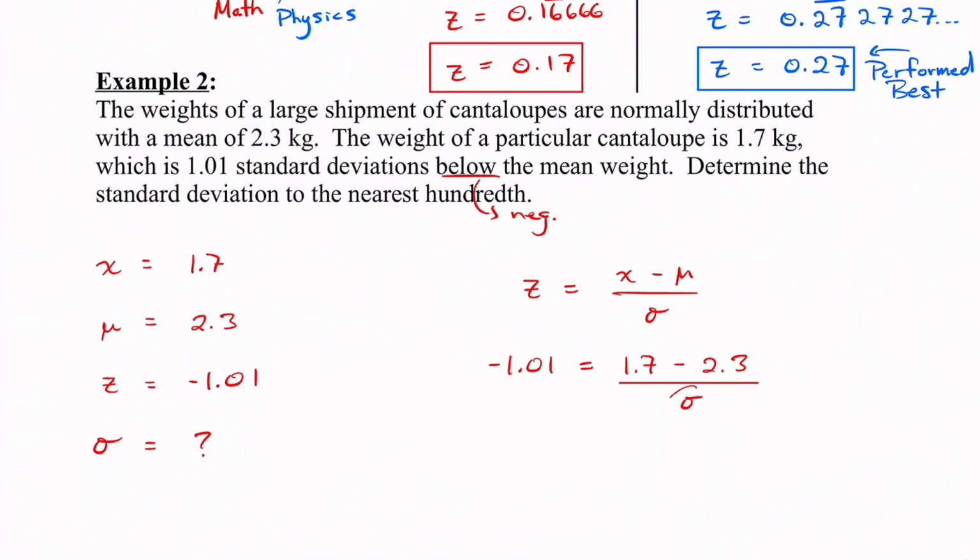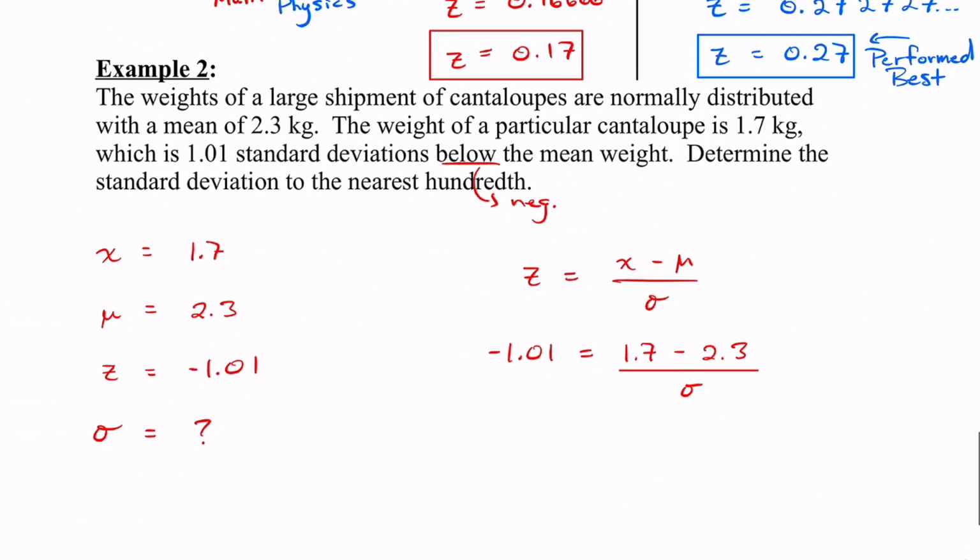So I want to solve for this, so we're going to have to isolate and get that by itself. So currently it's in the denominator, so to get it out of the denominator, we have to multiply by itself on both sides. So I'm going to multiply by sigma, and then on this side I'm also going to multiply by sigma. On this side they're going to cancel, and on the other side it's just going to be negative 1.01 sigma, and then equals.